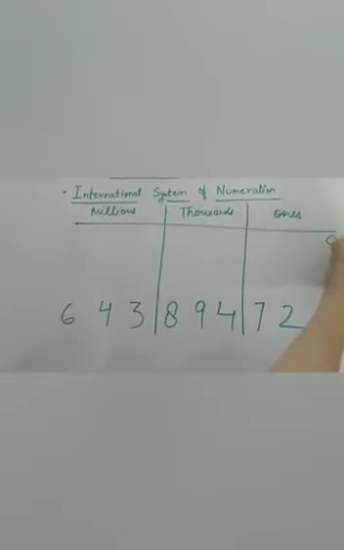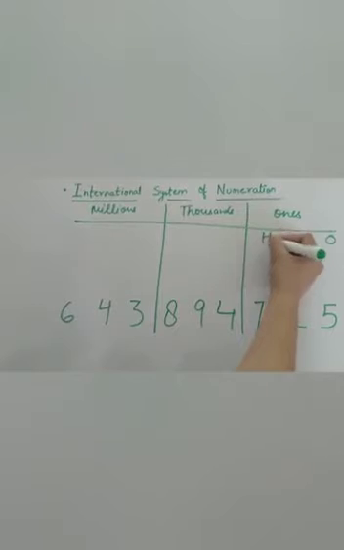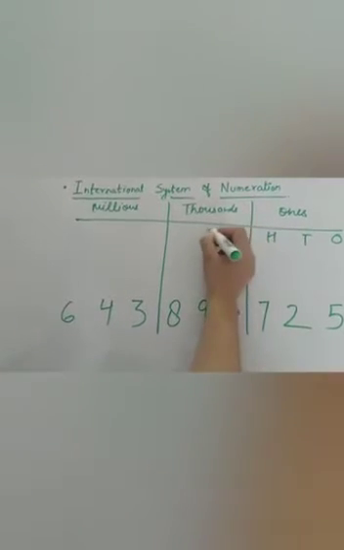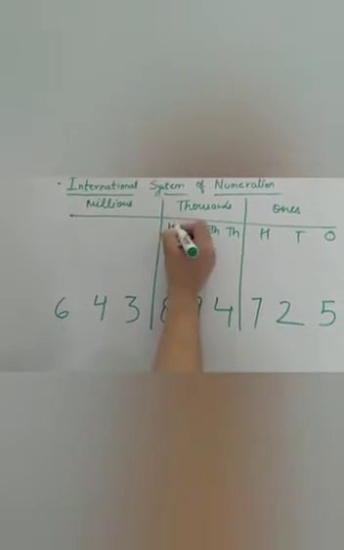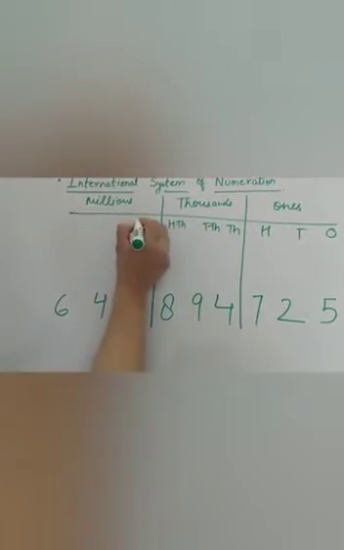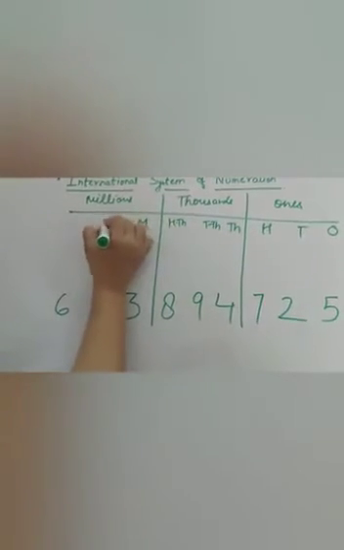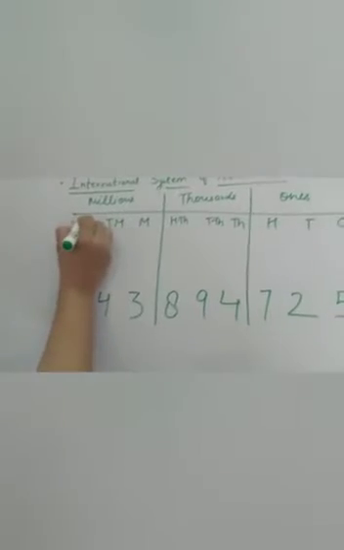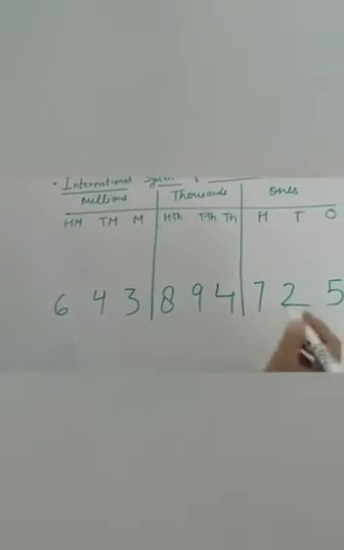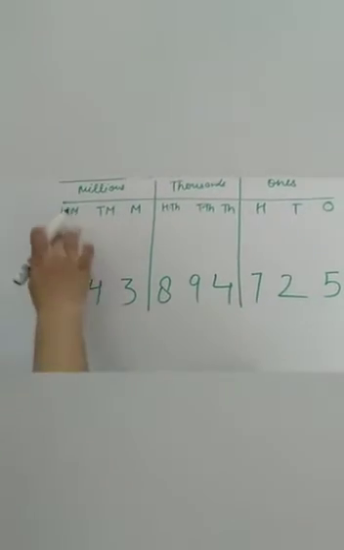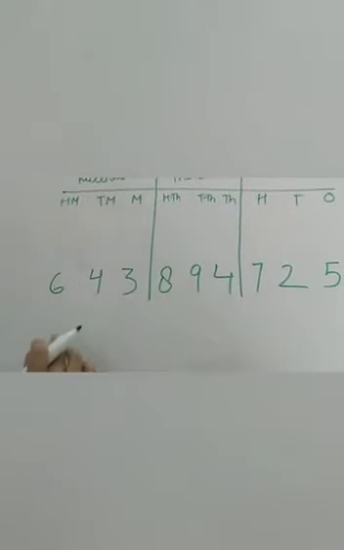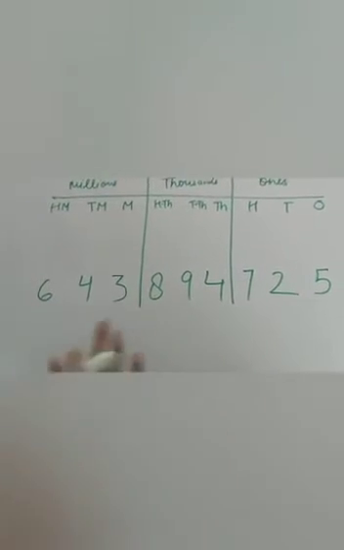This is ones, tens, hundreds, thousands, ten thousands, hundred thousands, million, ten million, and hundred million. So according to these places we will write and read this number.